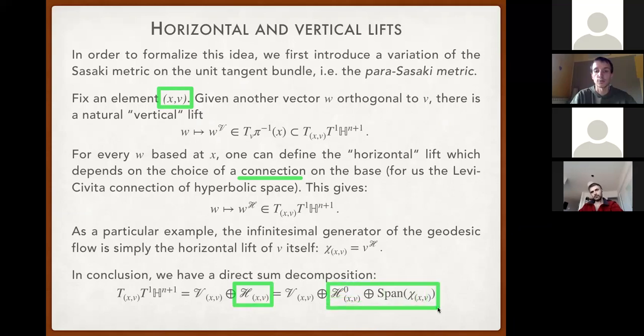And here I'm moreover decomposing the horizontal space as the subspace spanned by chi and its orthogonal complement. So both V and this H0, which is the orthogonal complement of chi, identify with the orthogonal of v itself in the tangent space to the base. So we have these two subspaces, which are both identified to the orthogonal complement of v, and then the generator of the geodesic flow, its span.